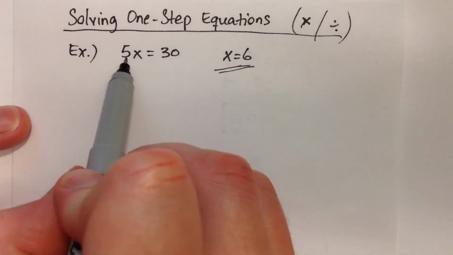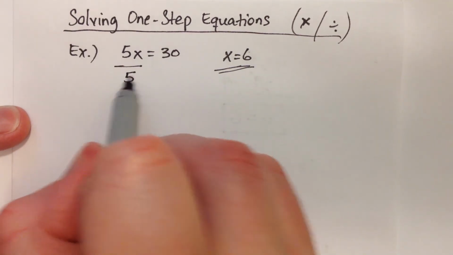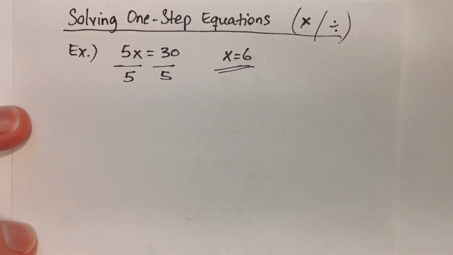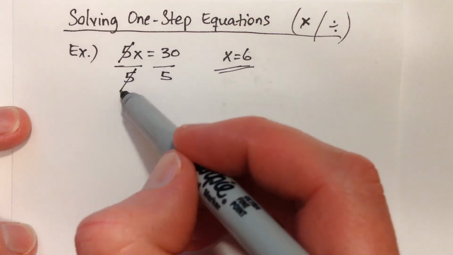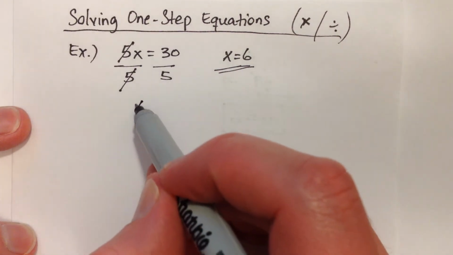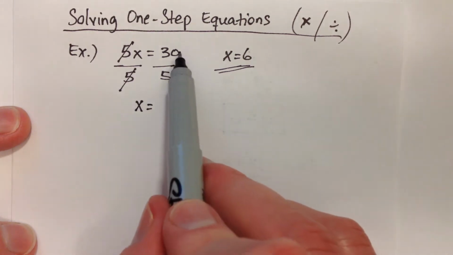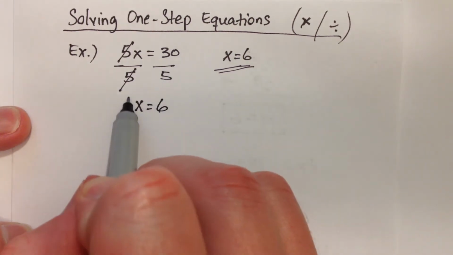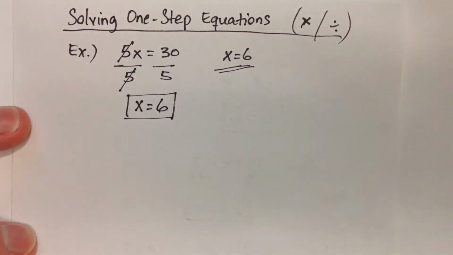Well, the x is multiplied by 5, so I'm going to divide both sides by 5. And in doing so, these 5's over here cancel, which leaves x all by itself, and then 30 divided by 5 is 6. Sure enough, the answer we thought it was going to be just by looking at it is actually the answer. And we used just now the division property of equality, which says if you divide something on one side, you also divide it on the other side, and your equation stays true.